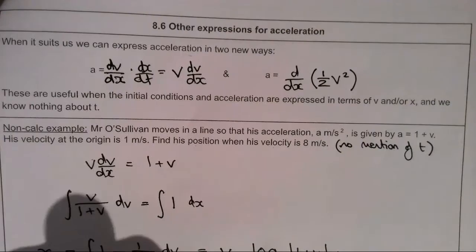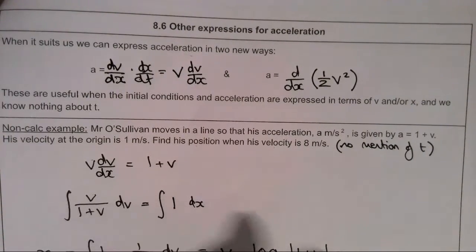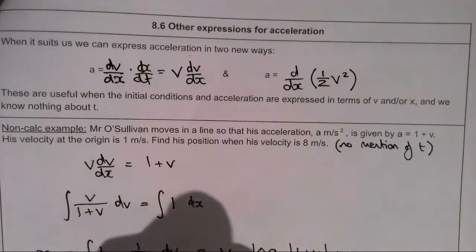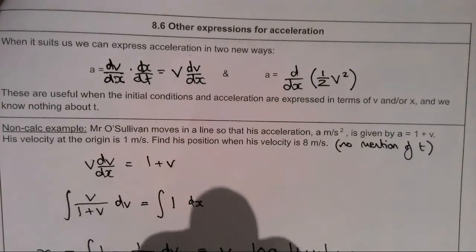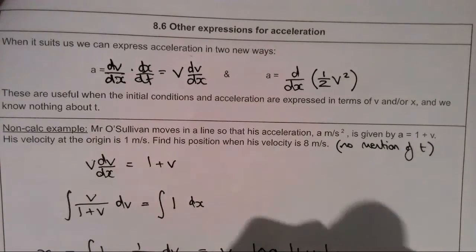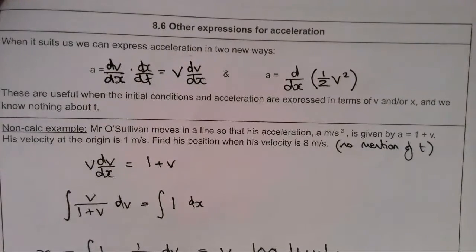Which tells me that x is v, and now I'm going to combine the logs. I've got log 2 minus log of 1 plus v, so that's log of modulus 2 over 1 plus v, just putting those together, and then I've got minus 1. So that's my overall expression for displacement in terms of velocity, and then it asks for the velocity when x equals 8.